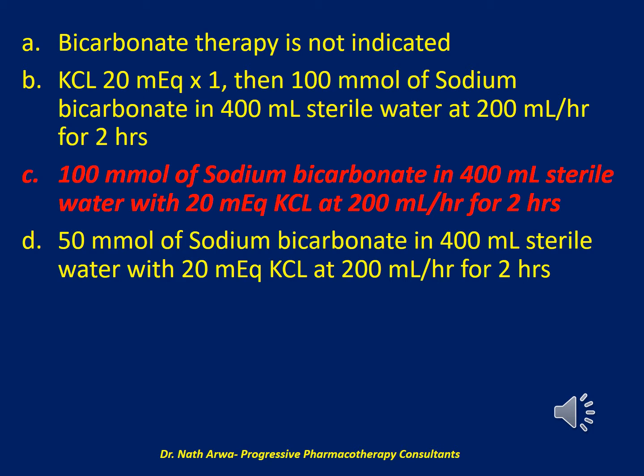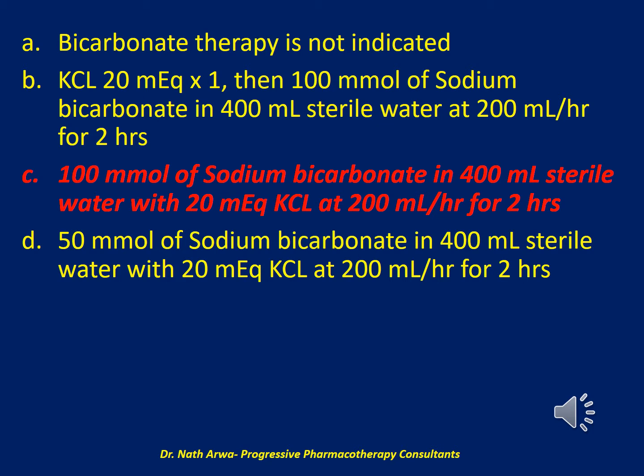In a patient with DKA and a pH less than 6.9, sodium bicarbonate and potassium chloride should be infused together rather than giving an initial potassium chloride IV bolus followed by a sodium bicarbonate infusion. Bicarbonate therapy is not indicated when the pH is 6.9 or higher. This patient meets the criteria for IV bicarbonate therapy because her pH is 6.89.